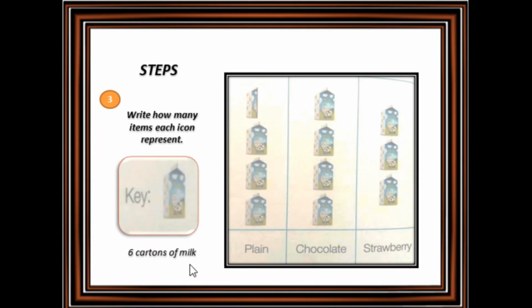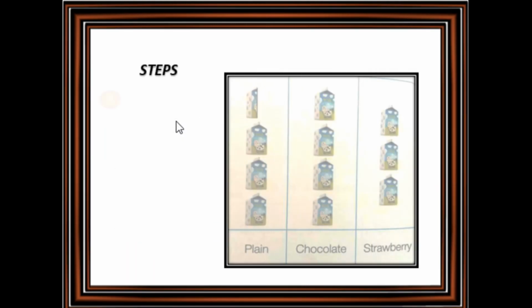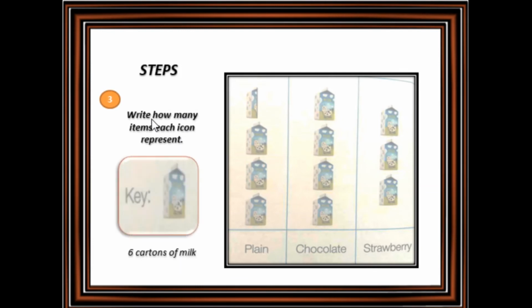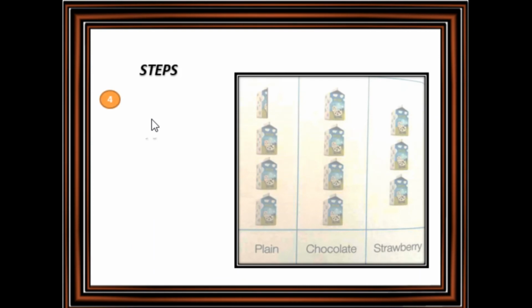That is our third step. Fourth step. Fourth step is draw or paste the figures. Draw or paste the icons. Make sure that it would be equal to the data you got.